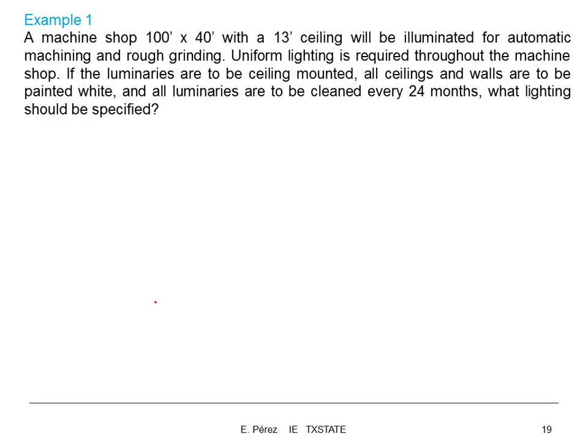Okay, so we're going to work on this step by step. Step 1, we need to determine the level of illumination. And for that, we're going to use table 2.